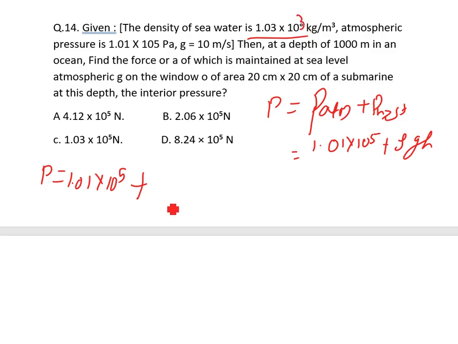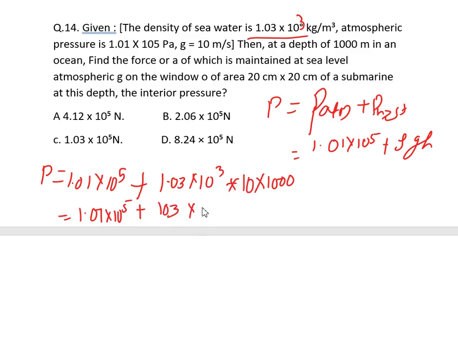So if I put 1.03 into 10 to the power 3, into g is 10, into height is 1000 meters, and calculate, this one is 1.01 into 10 to the power 5 plus 103 into 10 to the power 5 Pascal. If I add both, it will become 104.01 into 10 to the power 5 Pascal.